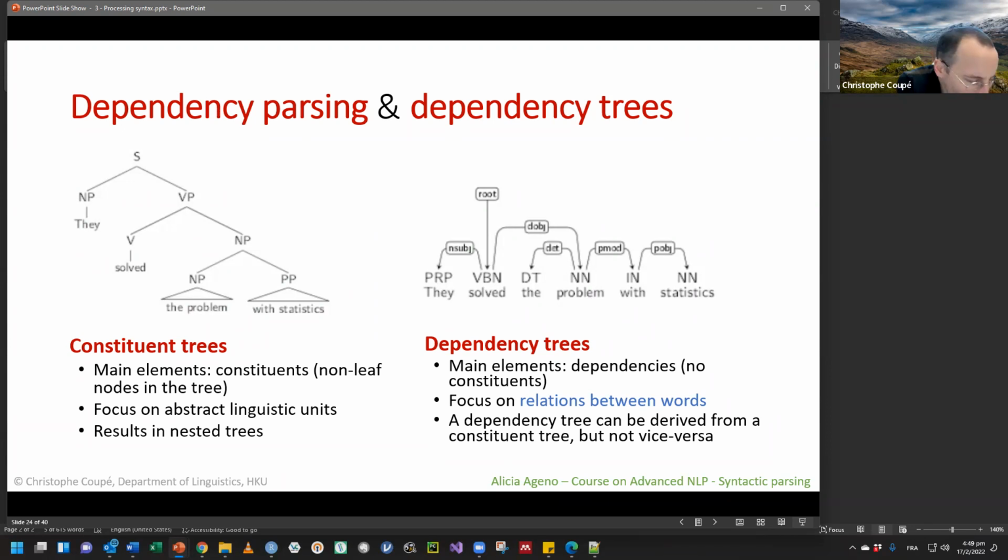The other side, the shallow parsing, you will get something different. You will get what you may call a kind of tree in a way. It's a dependency tree. So what you will have is not the full structure, but rather you will know the relations between words. If you have a full constituent tree, you can easily derive a dependency tree, but not the opposite. Because in a dependency tree, you have fewer relations.